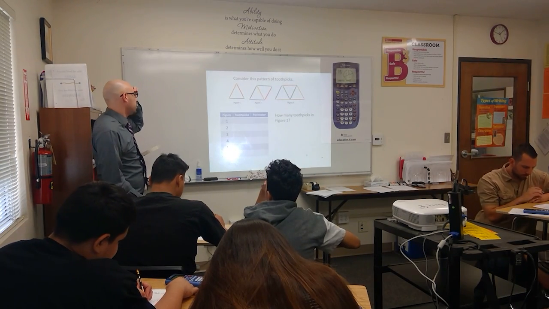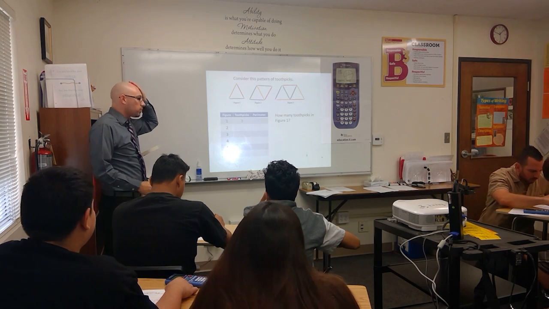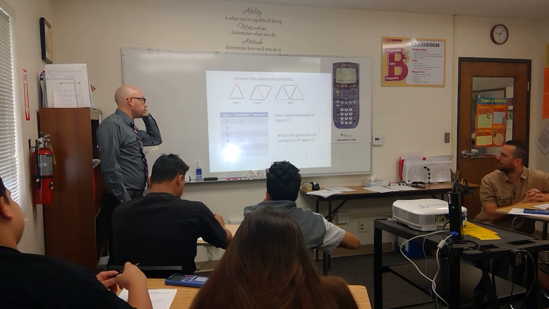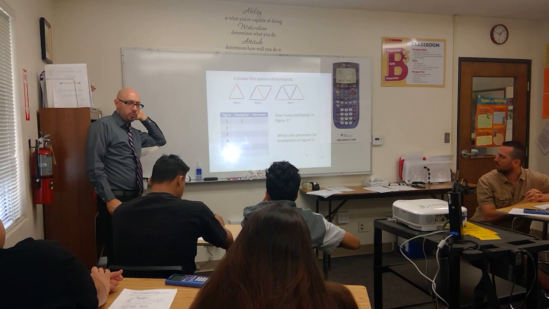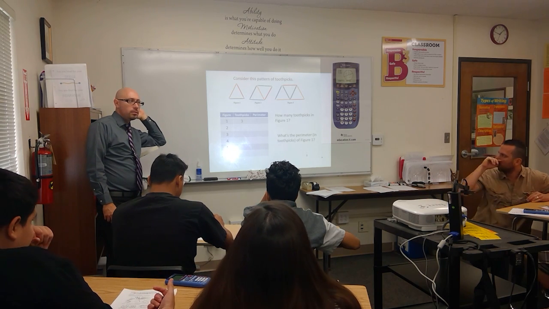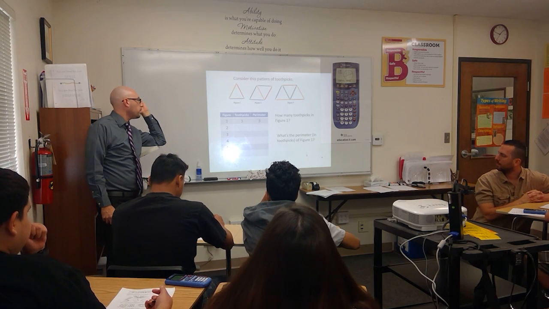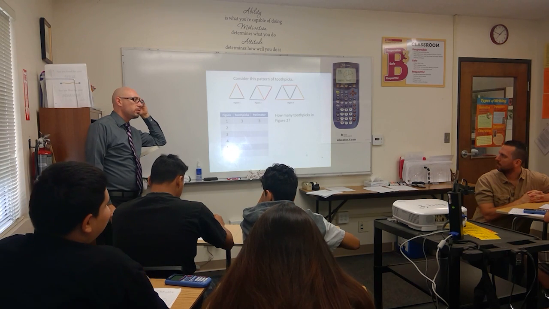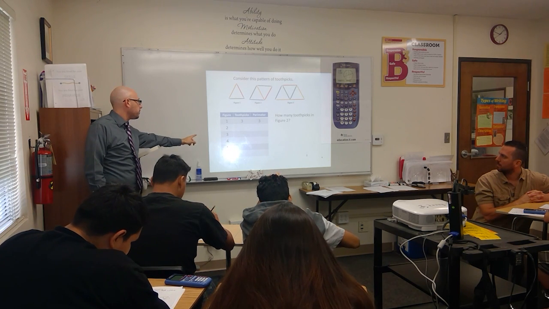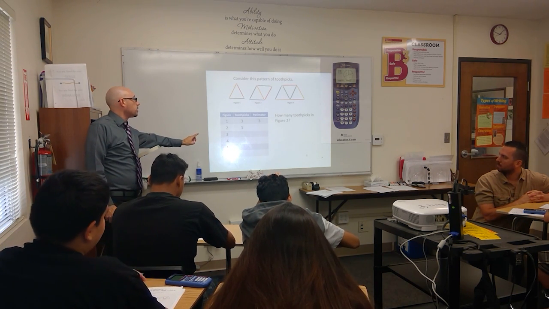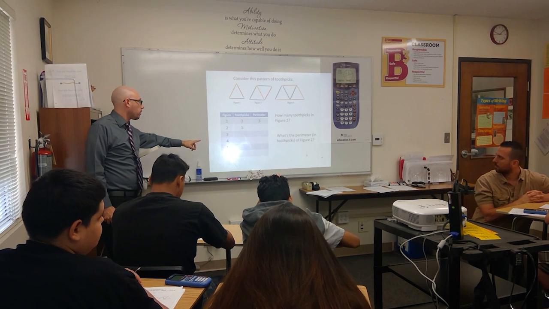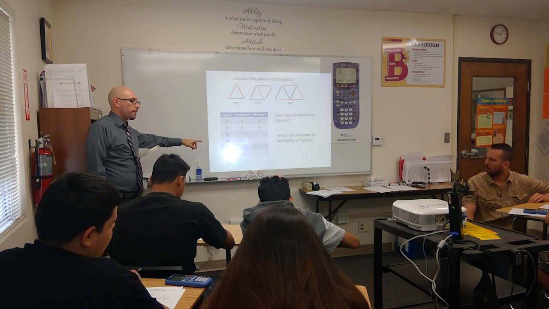Figure 1, how many toothpicks did it take to make? 3. Okay, what's the perimeter in toothpicks? 3. How about on figure 2? 5 to make it? And what's the perimeter? 4. Okay. Nice, kids.